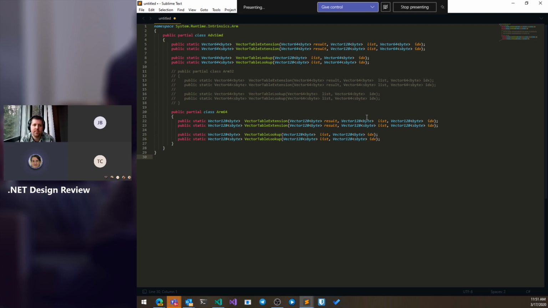Right, so IDX probably should be renamed to index, would be my guess, right? I believe it's byte index. That also works for me. Wouldn't indices be better since it's a list of indices? Okay, so byte indexes.